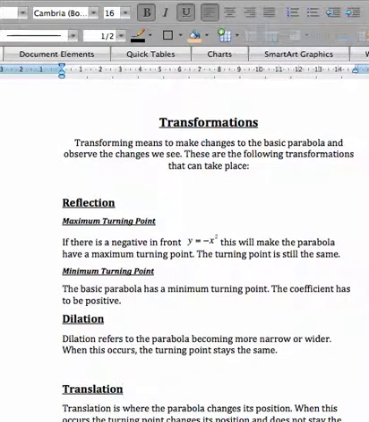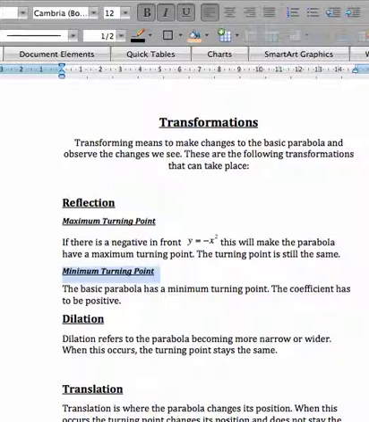So transformations tells us that our parabola is changing. The changes that can occur: one, reflection. Our basic parabola has a minimum turning point. This can also turn into a maximum turning point. The information here tells us what happens.